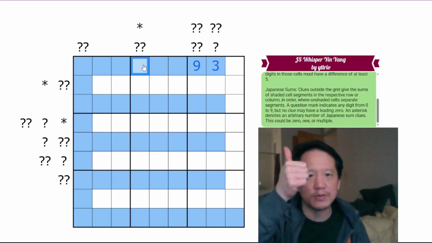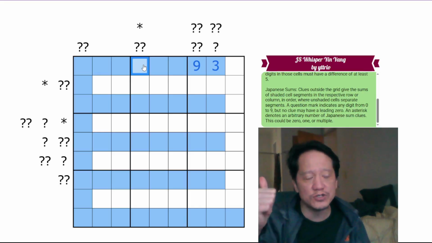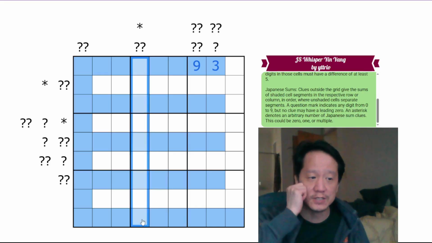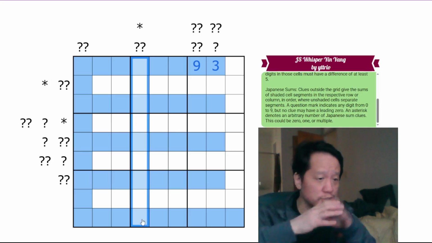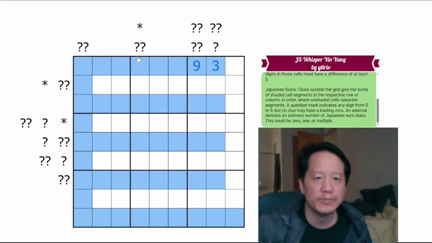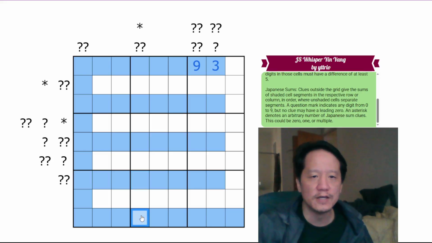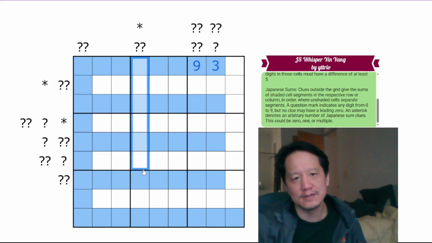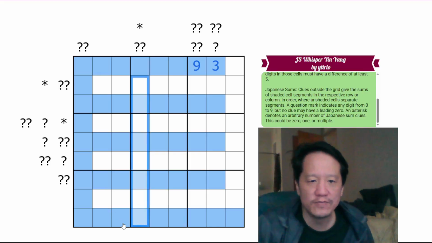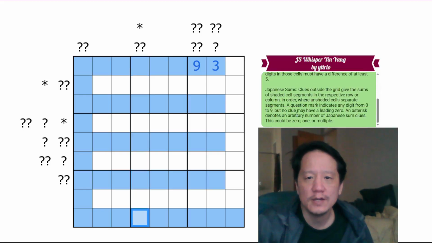But the asterisk could stand for 0 clues, so it could be just one Japanese sum clue in this column. It could stand for multiple clues too. So this would actually work because you could have these 4 represented by the asterisk, and then the last sum here is a double-digit sum for the last segment. And those are all the rules.